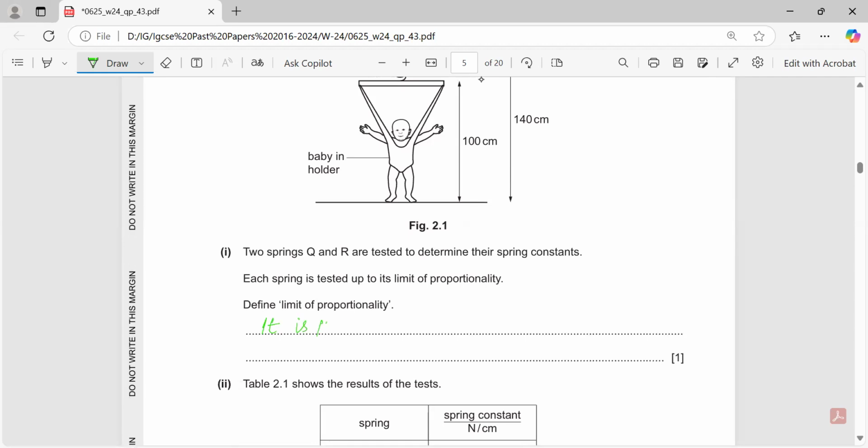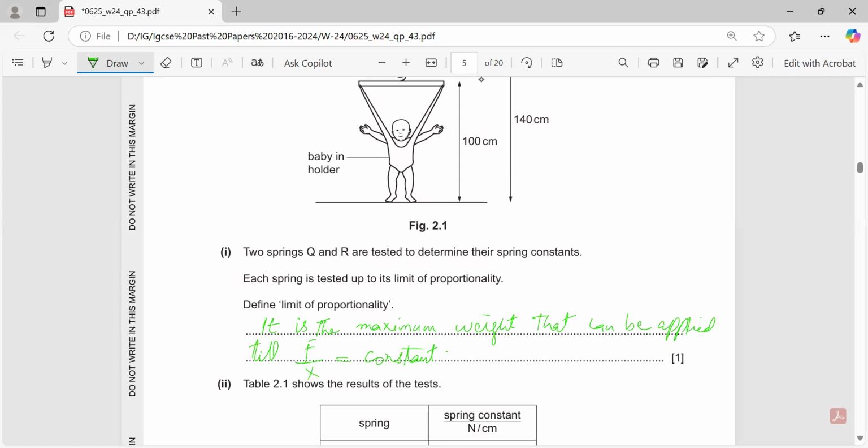It is the maximum weight that can be applied till force over extension is equal to constant. Load to extension is constant, in other words K is constant.